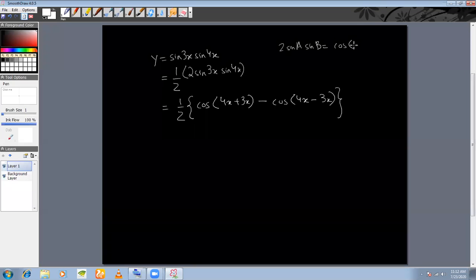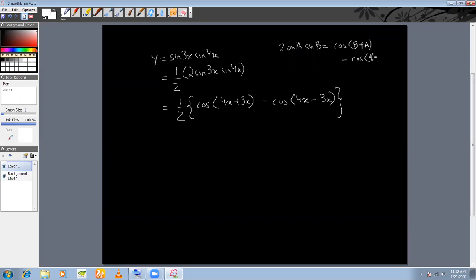Cos B plus A minus cos B minus A, isn't it? That is what? So this is half of cos 7x minus cos x. Now it becomes very easy to differentiate, right? So this is better differentiated in this manner. Okay, so come back.